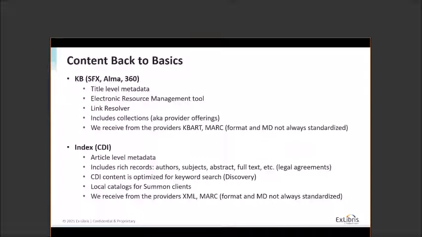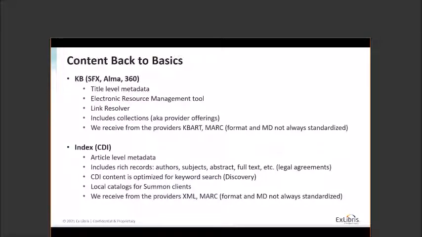The index is optimized for keyword search, which means that the search actually happens in the index in most cases. Of course, we also have Alma records that are published to Primo in the Alma-Primo world, but the index is where we have most of our records. When users are searching, in most cases we want them to find the articles or the records of CDI.